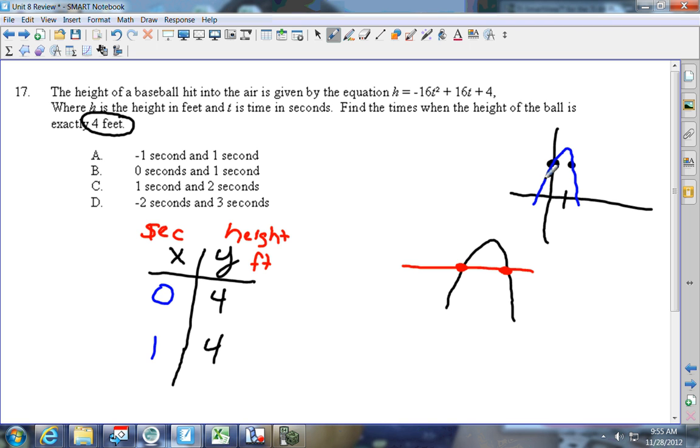So maybe that person was 4 feet tall and holding the ball up by their head, throwing the ball up just a little bit, and after 1 second it came back down to 4 feet and then came down. Our answer should be B. I was just trying to apply and get a visual of what was happening.